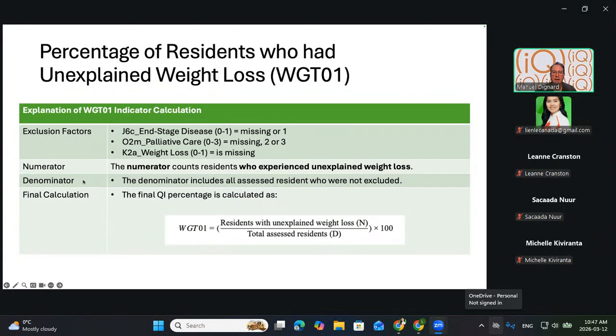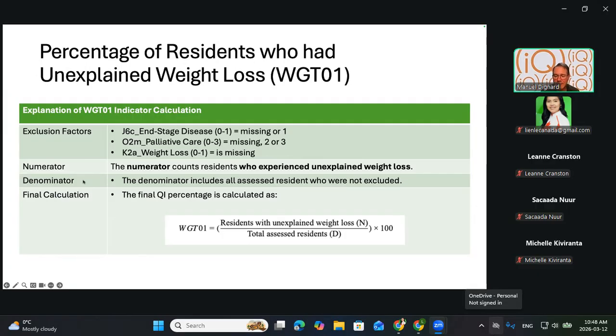And it's important. Unintended or unexplained weight loss can be a red flag. It can signal poor nutritional intake, underlying disease, depression, swallowing difficulties, or even neglect. It's often an early indicator of functional or clinical decline.